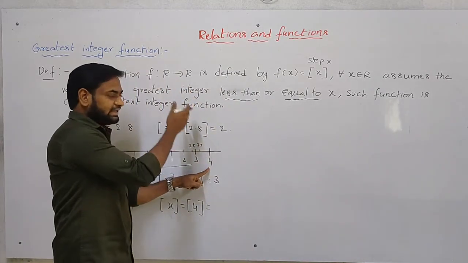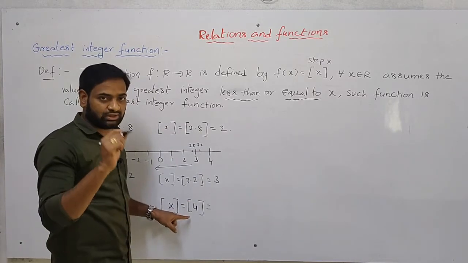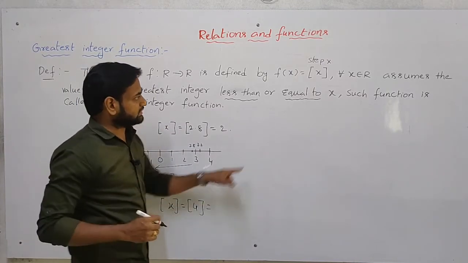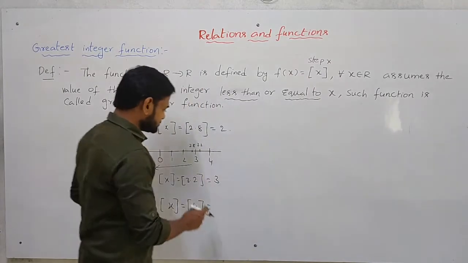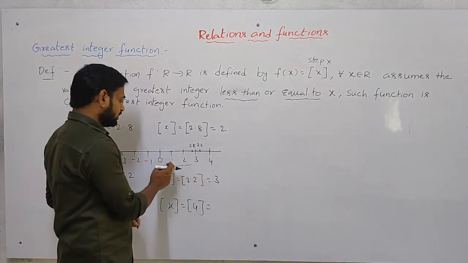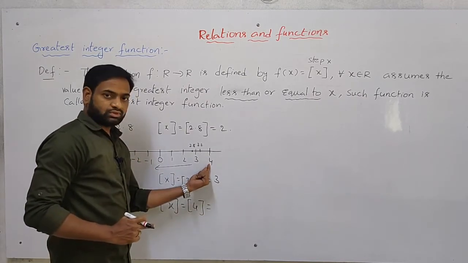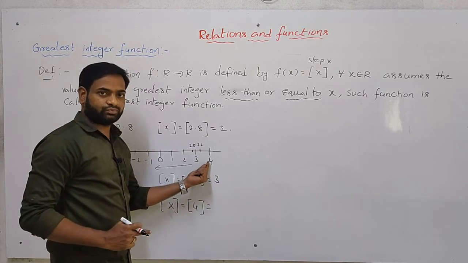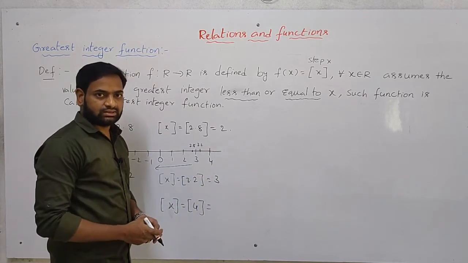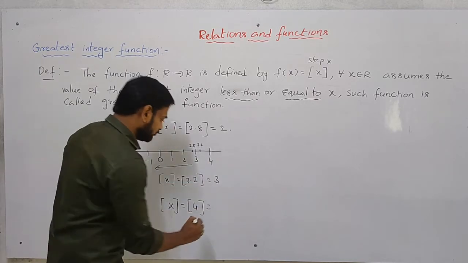Previously what you got? Less than. Now if you take exactly an integer, then you get equal to x. So I have to take 4, 3, 2, 1, 0 and so on. 4 is the biggest integer. So step of 4 is 4.